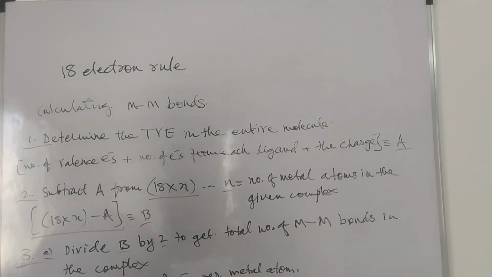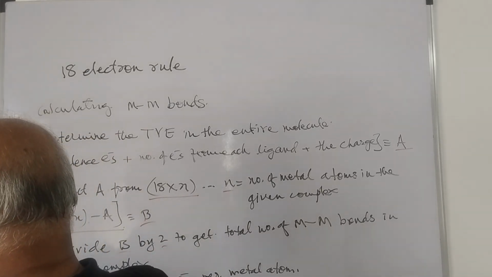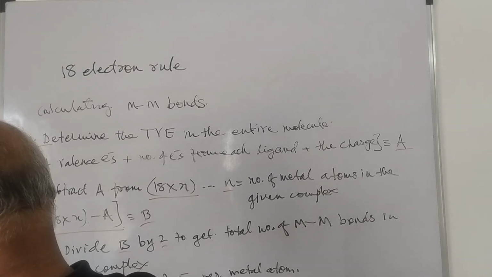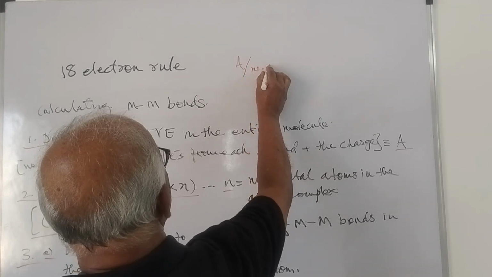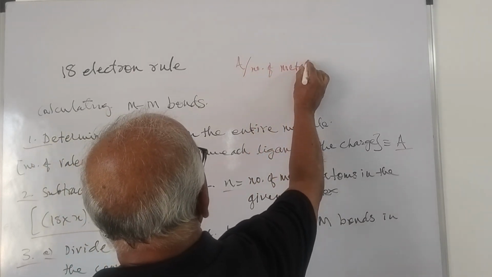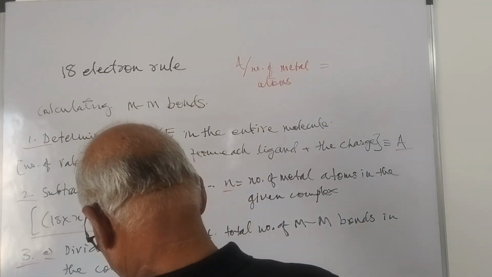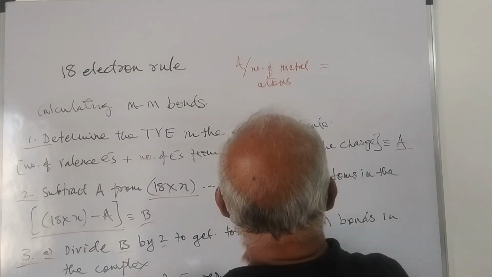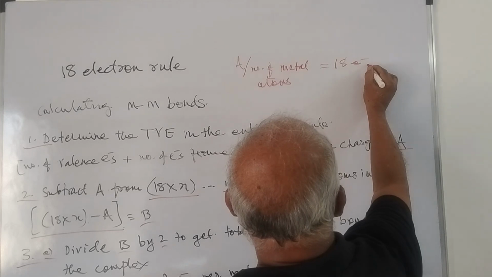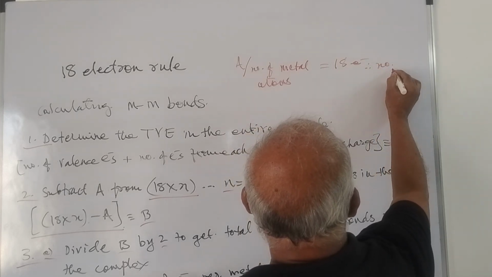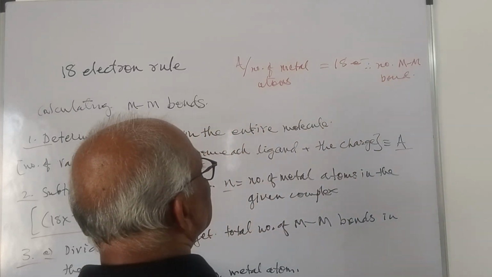That means when A is divided by the number of metal atoms and it gets the value 18 electrons, this shows that there is no metal bond.